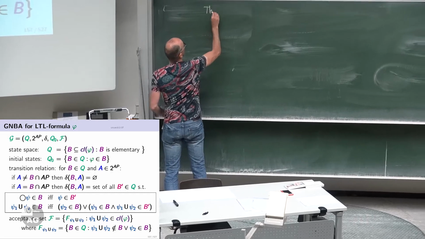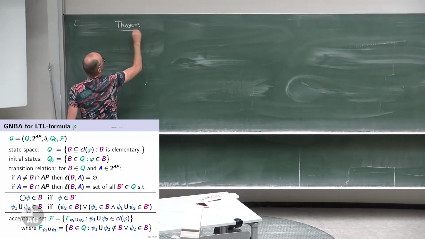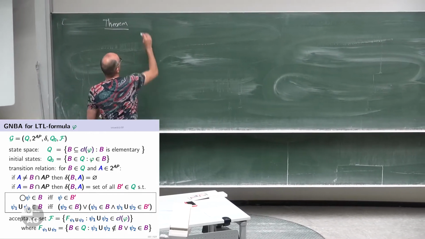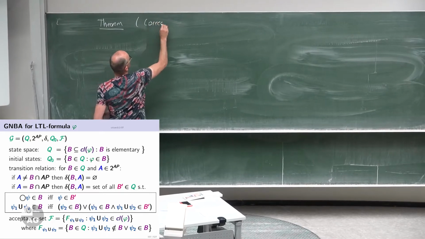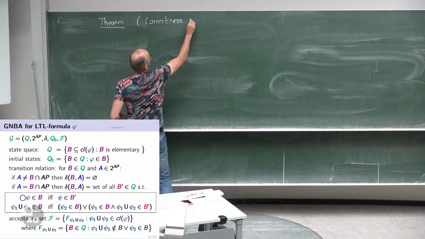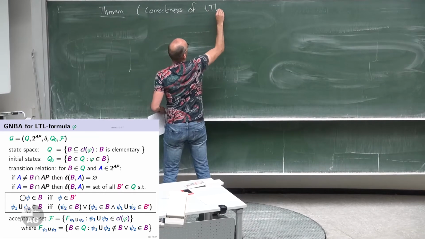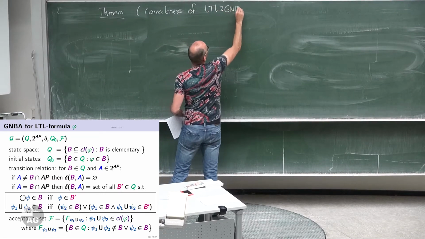So what I want to show is the following theorem, which is the correctness of the LTL to GNBA construction.